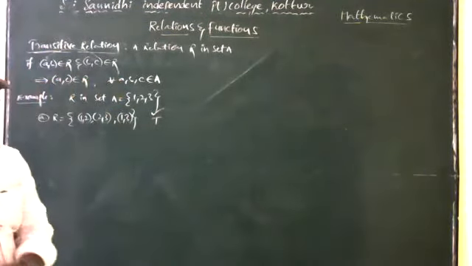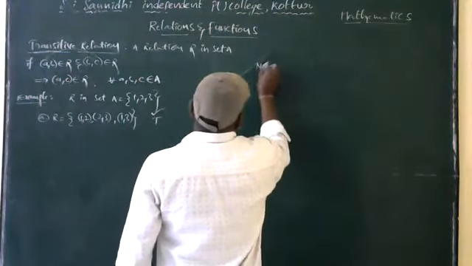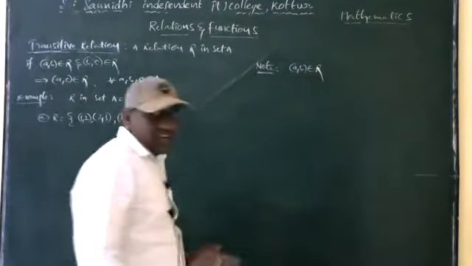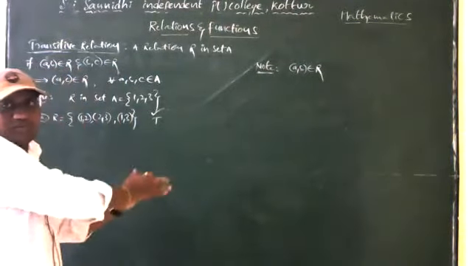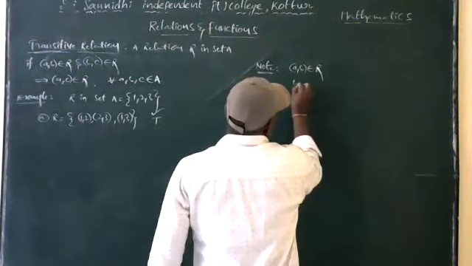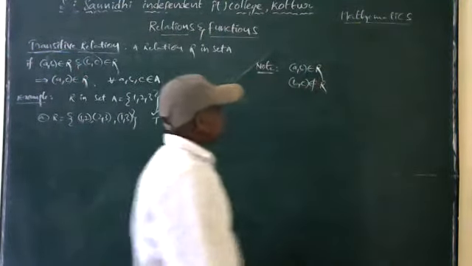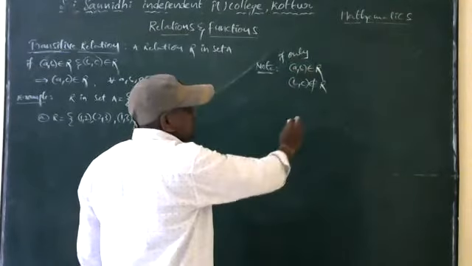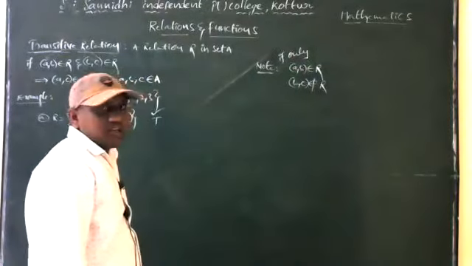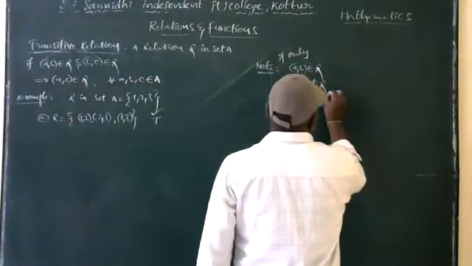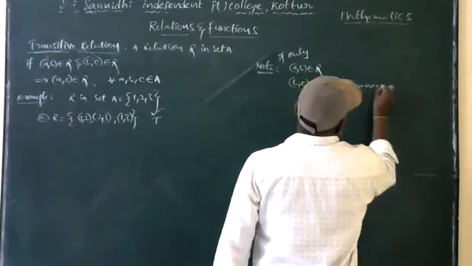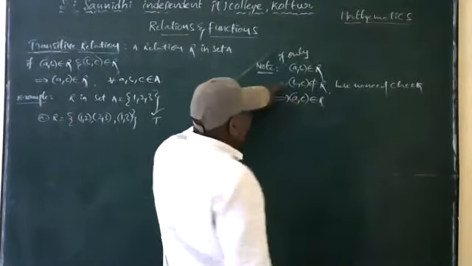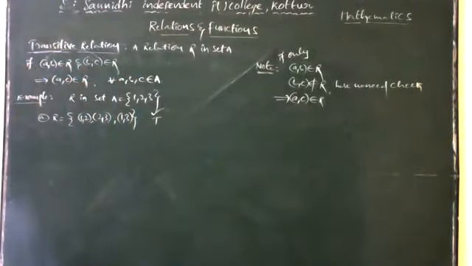And also remember one more condition for the transitive relation definition. Note, in case a comma b belongs to the relation, one ordered pair is in the relation, but b comma c does not belong to R. If only a comma b belongs to R and b comma c does not belong to the relation, then here no need to check whether a comma c belongs to R. If b comma c is not there, that is called the transitive relation only.